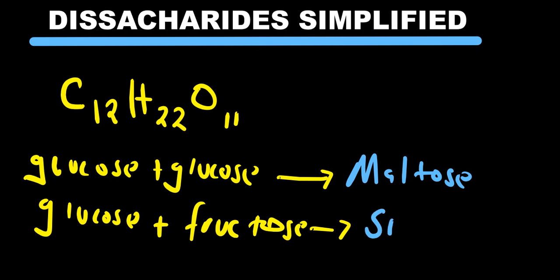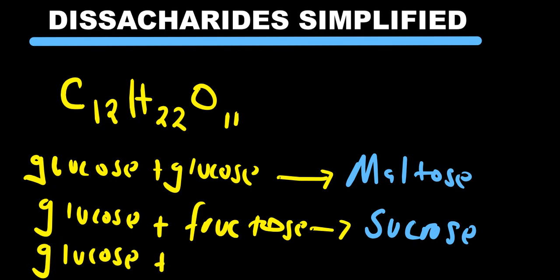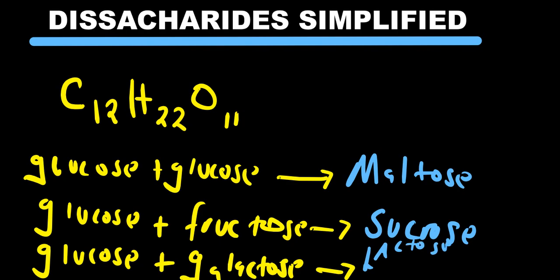This will be called sucrose. Then if we get, let's say, glucose and we combine it with galactose, we're going to get lactose. Yes, so these are just some of the basics that you need to understand about disaccharides.